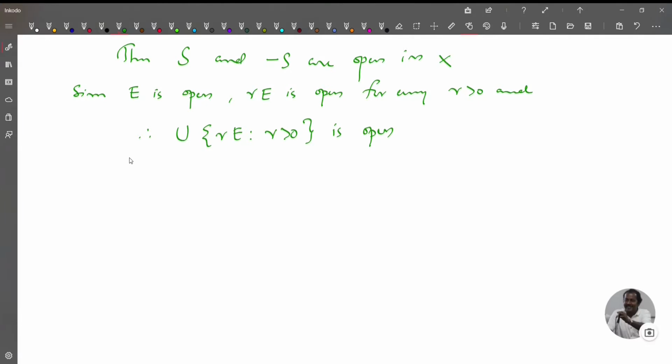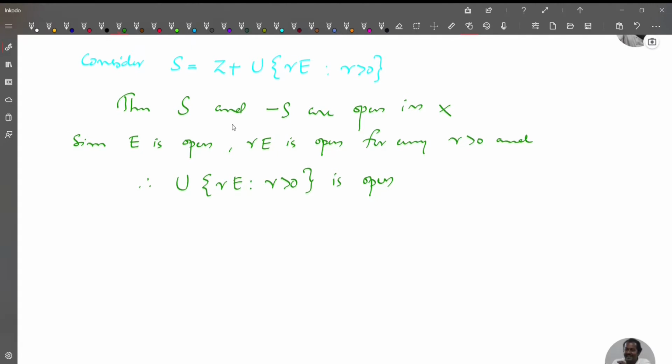Therefore, we can use 5.6a. Z is a subspace and the union of rE such that r greater than 0 is open. Therefore, Z plus the union of rE such that r greater than 0 is open.